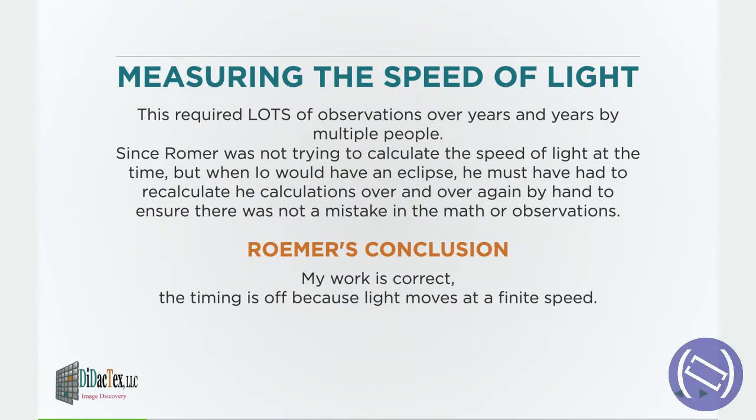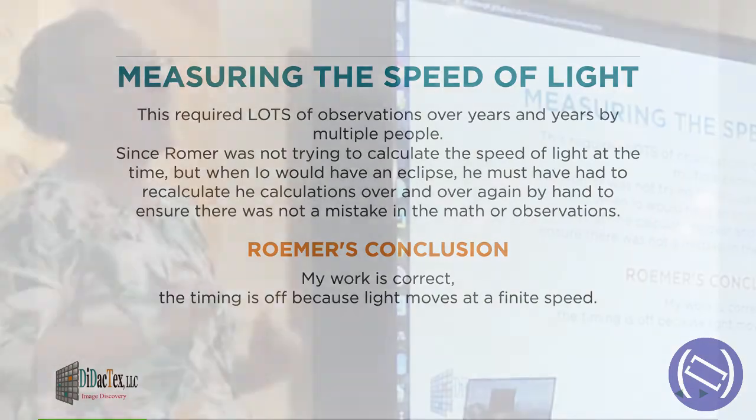To say that it wasn't a mistake in the observations or his math, he would have had to recalculate all this by hand, looking at handwritten notes from all these different scientists over hundreds of years. And then at the end of the day, he's like, my work is correct. It is light that is wrong.